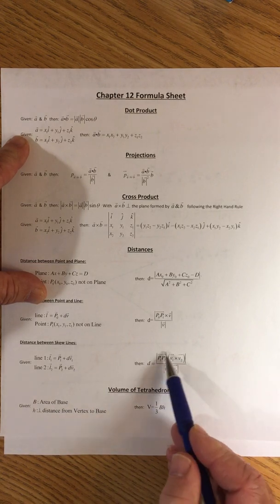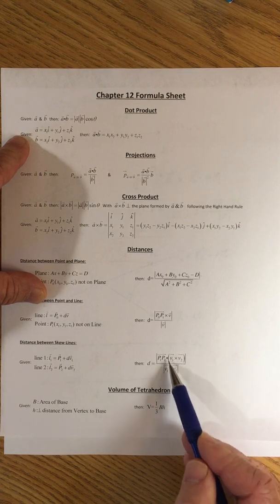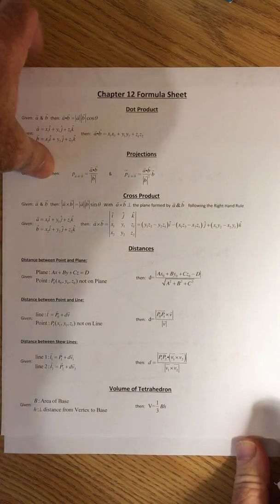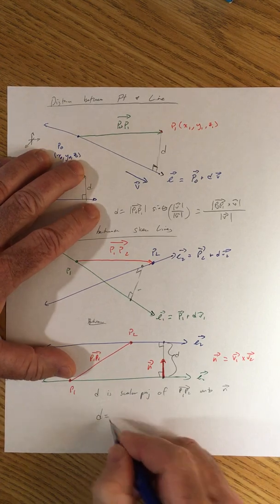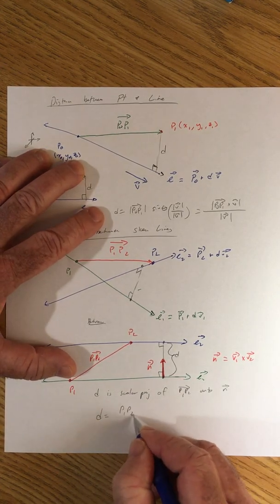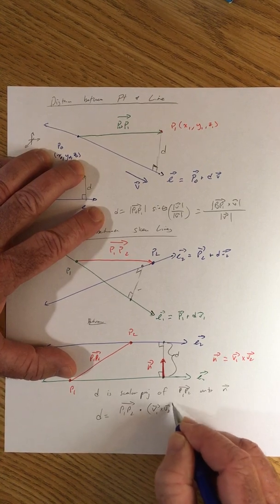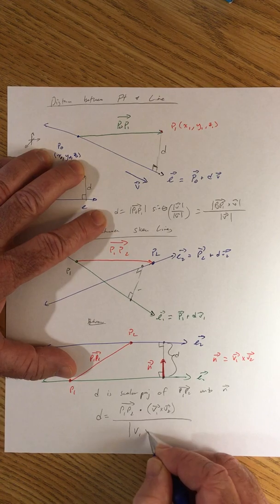Scalar projection of P1, P2 onto that normal vector, which is v1 cross v2. And that's why this is on the bottom of the fraction there. Okay. So the distance is equal to P1, P2, and I'll finish this off, dot v1 cross v2, and it's on the formula sheet, over the magnitude of v1 cross v2.